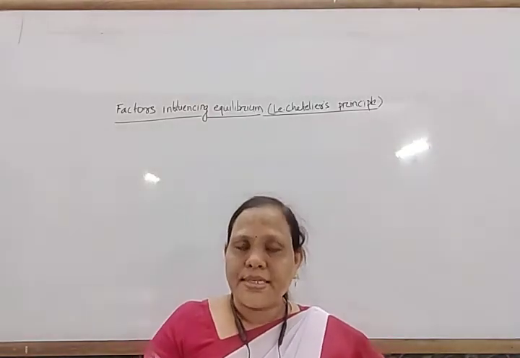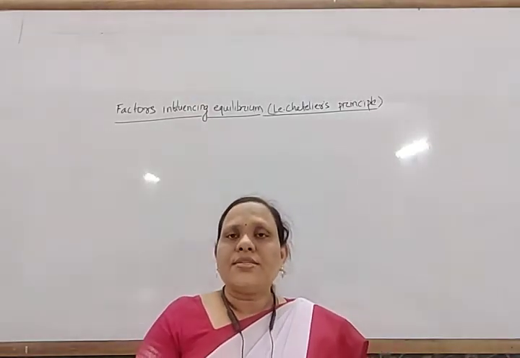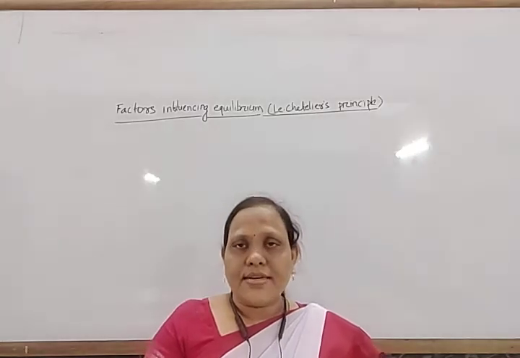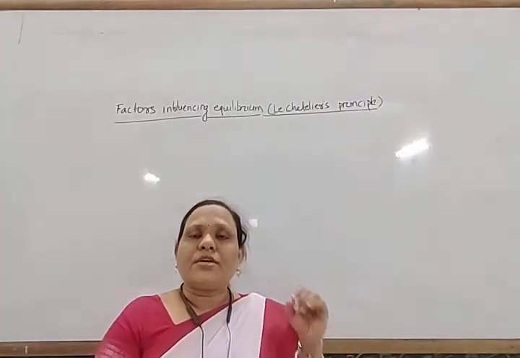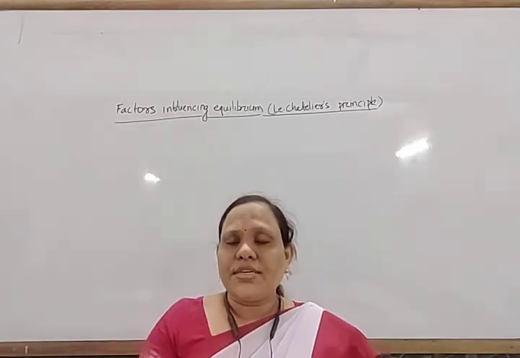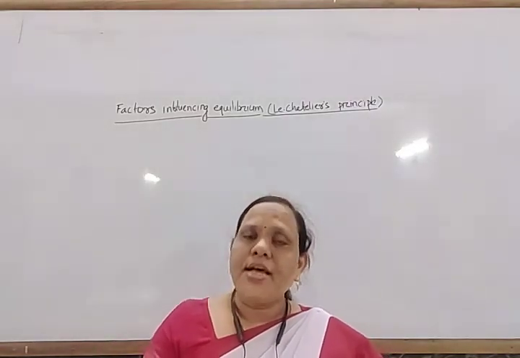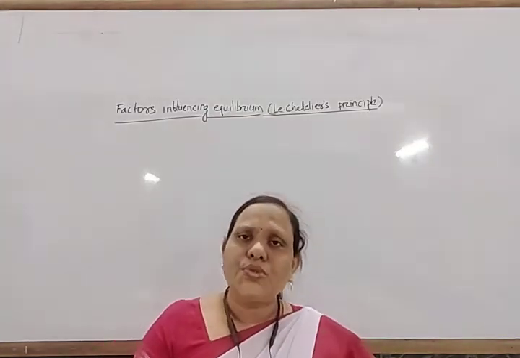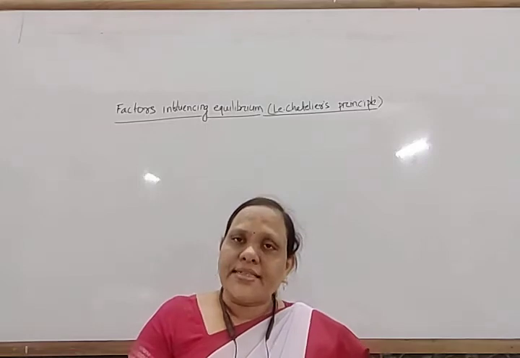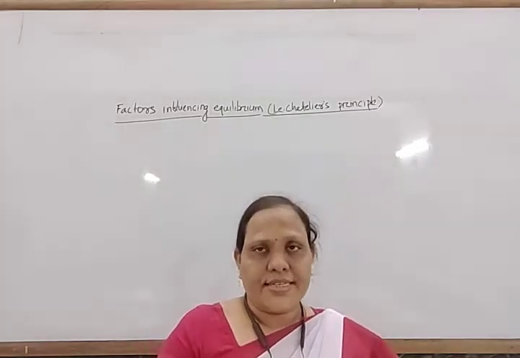Then what happens to the reaction condition? That is given by Le Chatelier's principle. It states that if a system in equilibrium is subjected to change in concentration, temperature and pressure, then the equilibrium will shift in that direction so as to reduce or cancel the effect of the change.